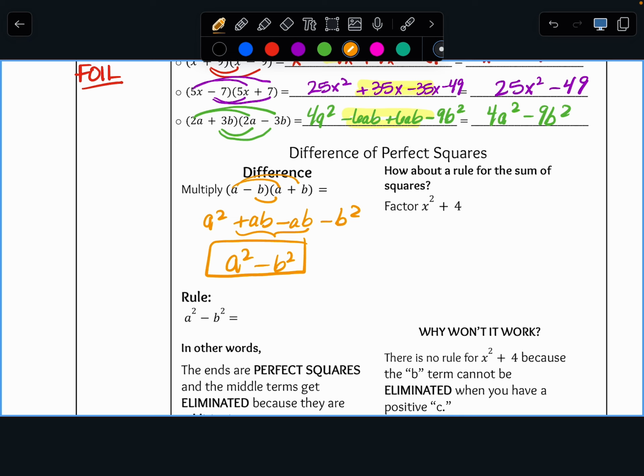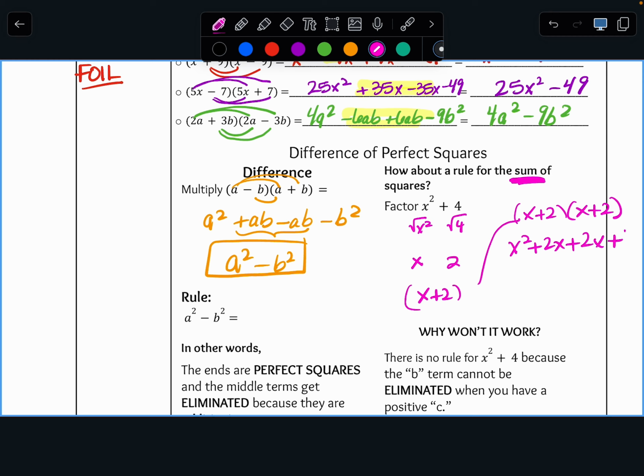There is not a rule for the sum of squares. So the square root of x squared is x, and the square root of 4 is 2. So you might think that that's x plus 2 squared, except x plus 2 times x plus 2 gives me x squared plus 2x plus 2x plus 4, which is x squared plus 4x plus 4.